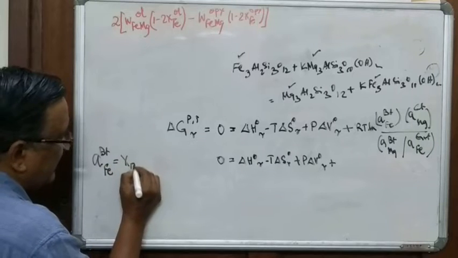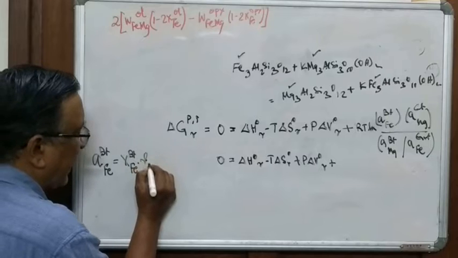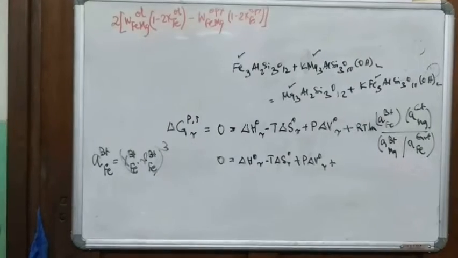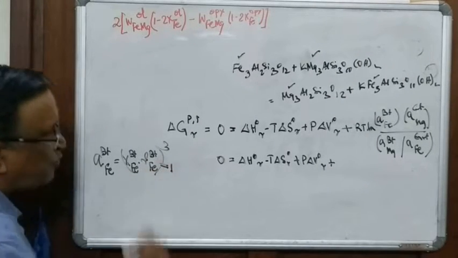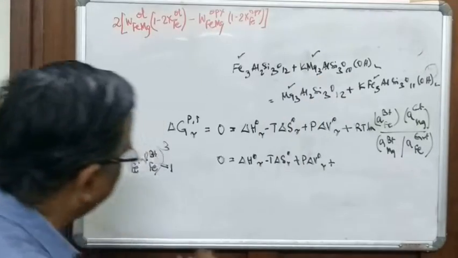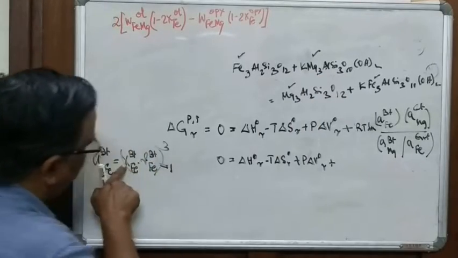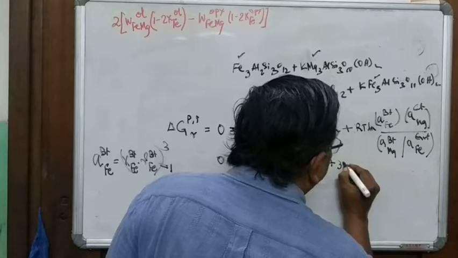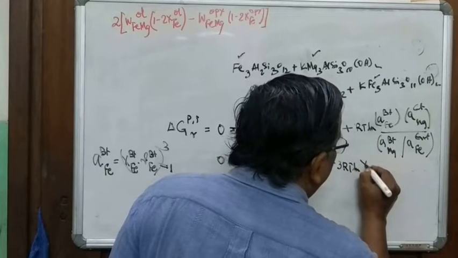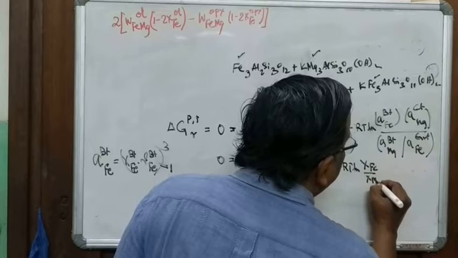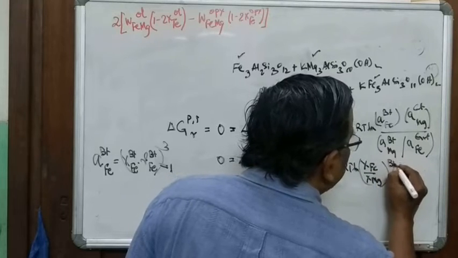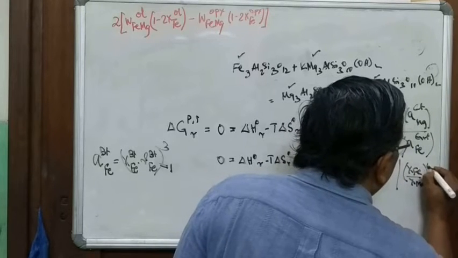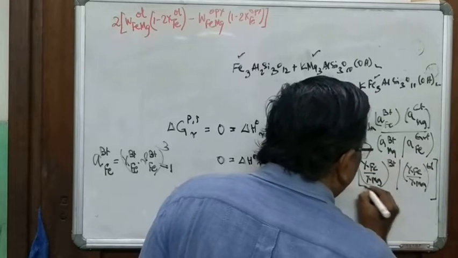It is XFe biotite times gamma Fe biotite, and then the whole cubed. But gamma Fe biotite is equal to 1 because it's ideal exchange. So what he did was, for this reaction, you have XFe biotite whole cubed, and all of them will have it, and this will become 3RT ln of XFe by XMg in biotite divided by XFe by XMg in garnet. Remember, this is KD.